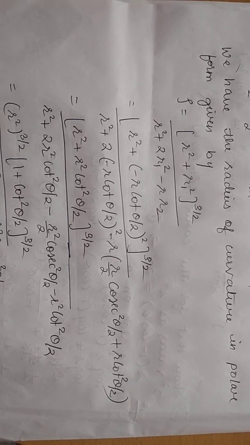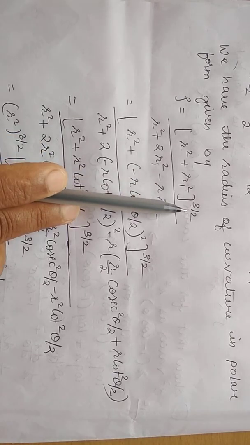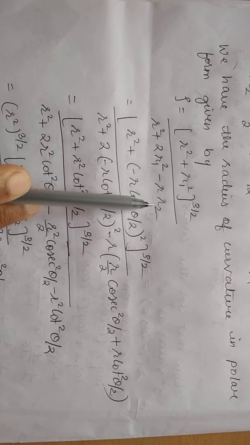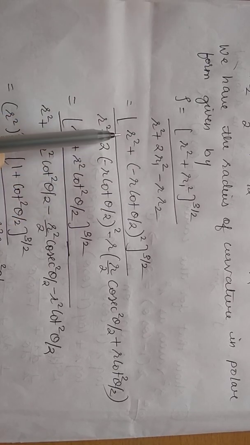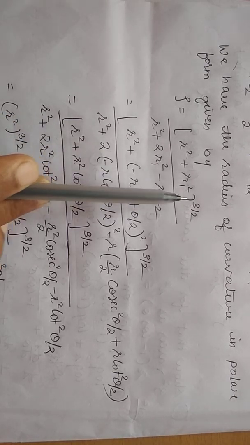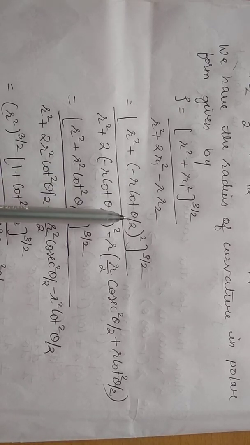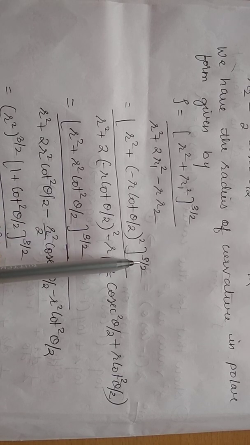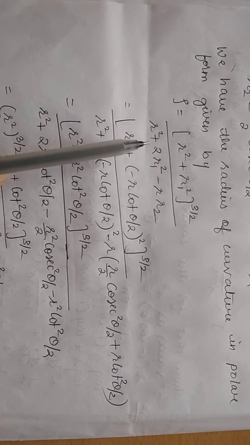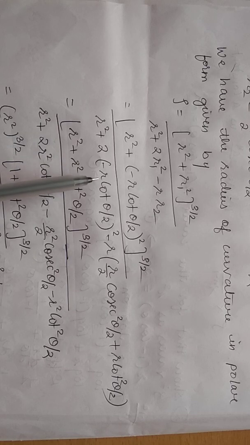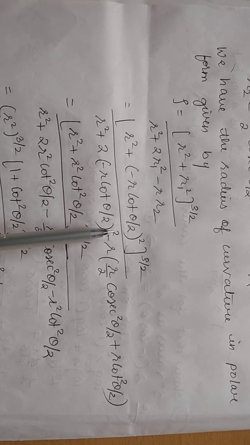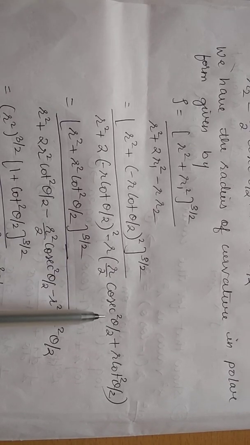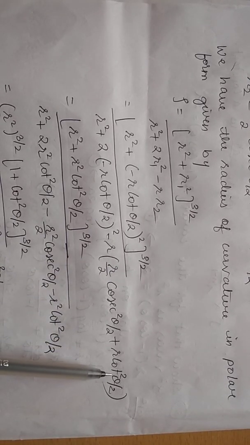What is it given by? Rho equals r square plus r1 square raised to 3 by 2 upon r square plus 2 r1 square minus r into r2. So r square as it is plus r1 square, minus r cot theta by 2 the whole square, because r1 is minus r cot theta by 2, raised to 3 by 2. r square as it is plus 2 times r1, which is minus r cot theta by 2 the whole square, minus r as it is, r2 is r by 2 into cosec square theta by 2 plus r cot square theta by 2.